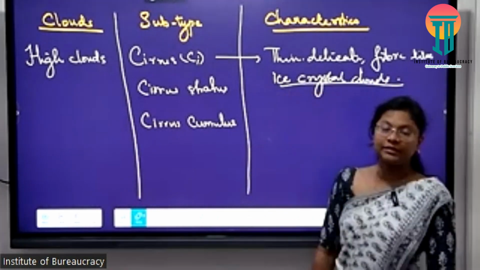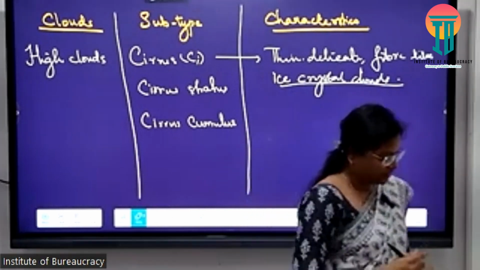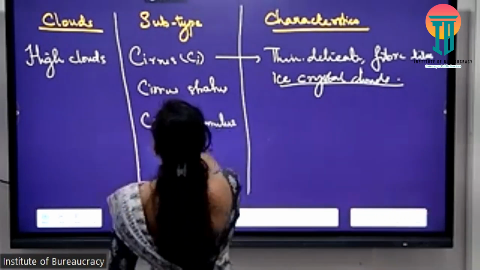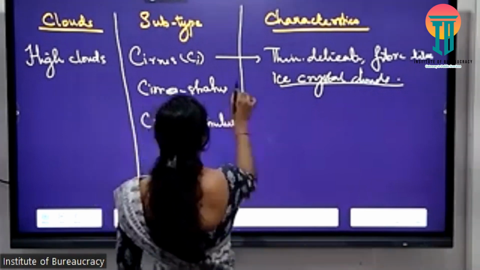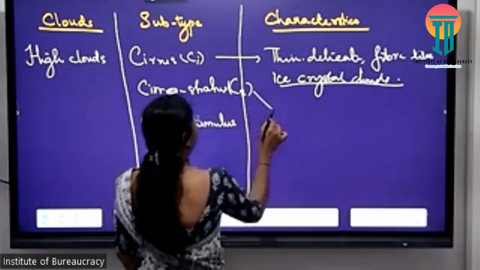Cirrus clouds. Okay, next comes your cirrostratus, capital C and small s.